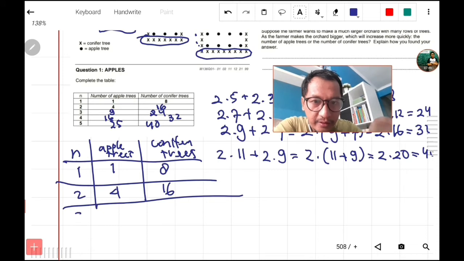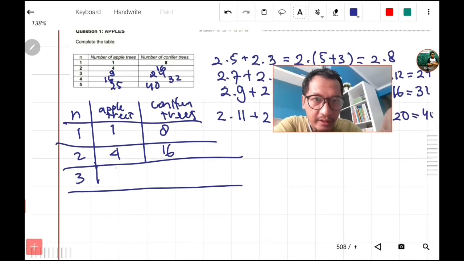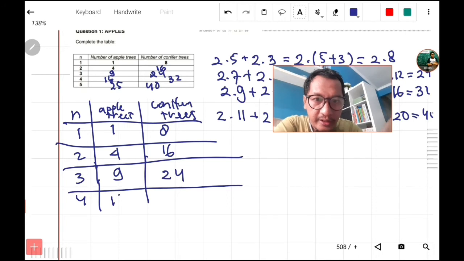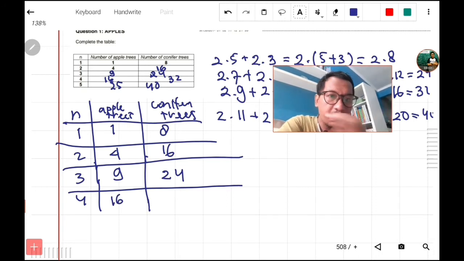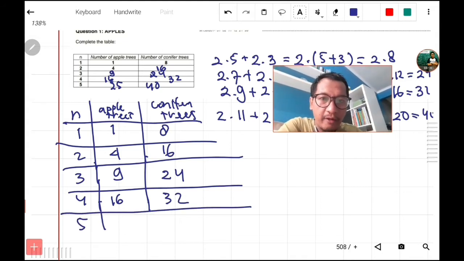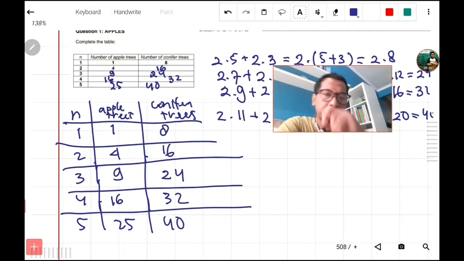When n is 3, apple trees is 9 and conifer trees is 24. When n is 4, apple trees is 16 and conifer trees is 32. And when n is 5, apple trees is 25 and conifer trees is 40.